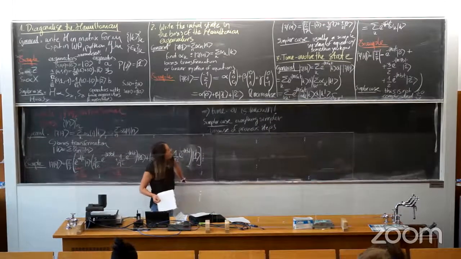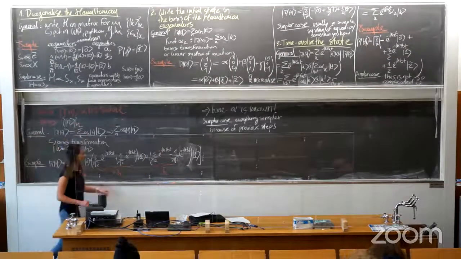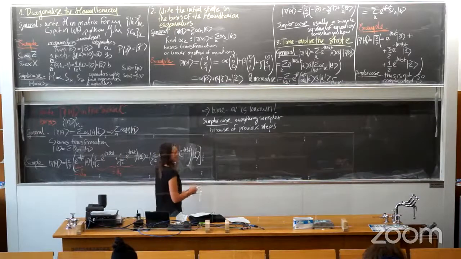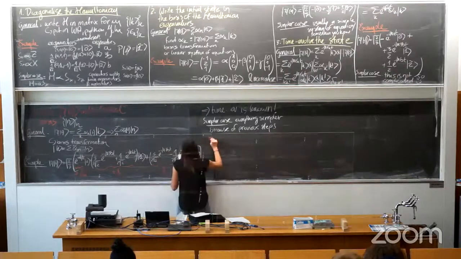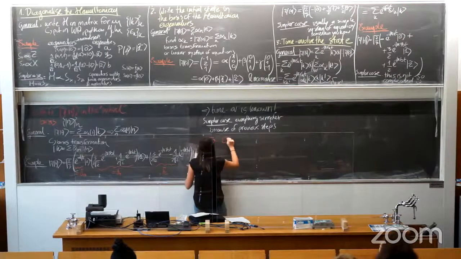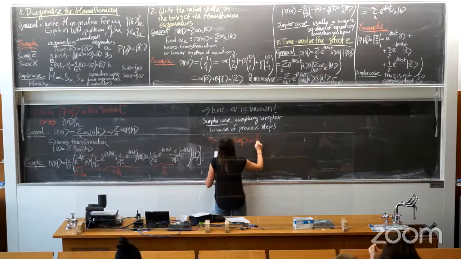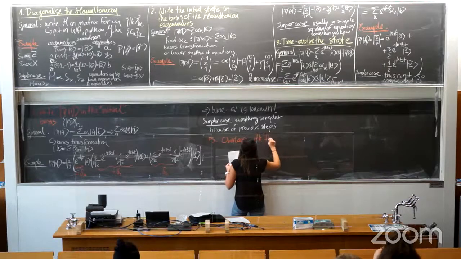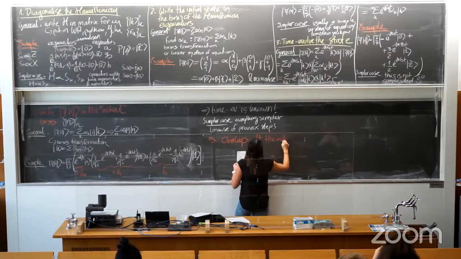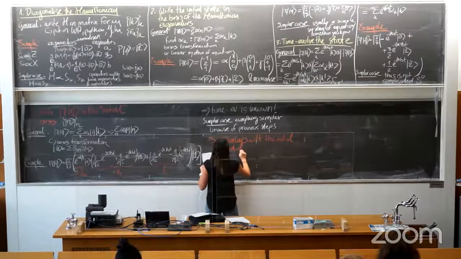So now we have a state, which is actually fine, but it's not the end of our story because we want to do more. For example, we want to know the overlap with the initial state, or also any state.